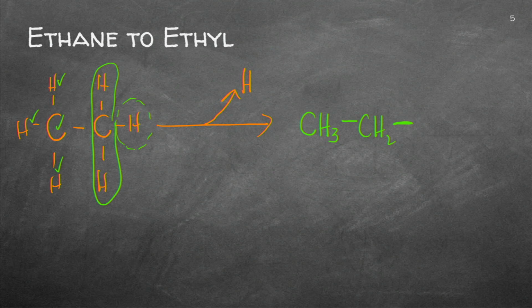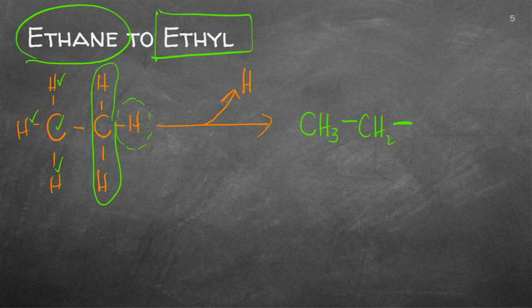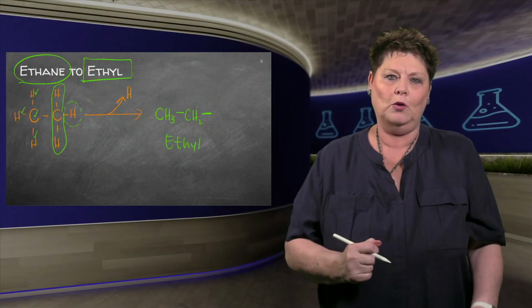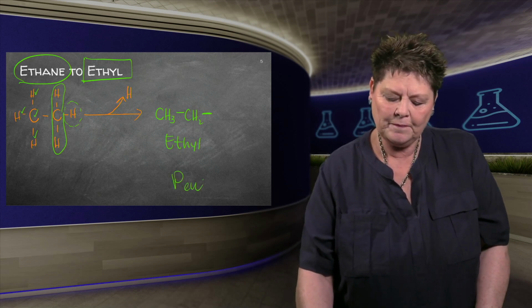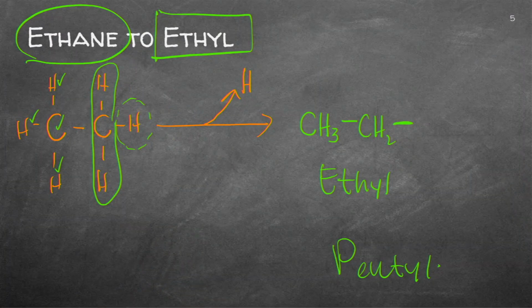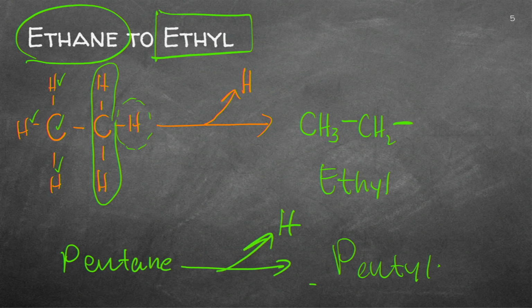So that will be ethane losing the hydrogen to become ethyl. Can you think what pentyl will be? Think a little bit. Pentyl. Pentyl will thus be pentane losing a hydrogen to become pentyl. So any alkane losing a hydrogen will become an alkyl.